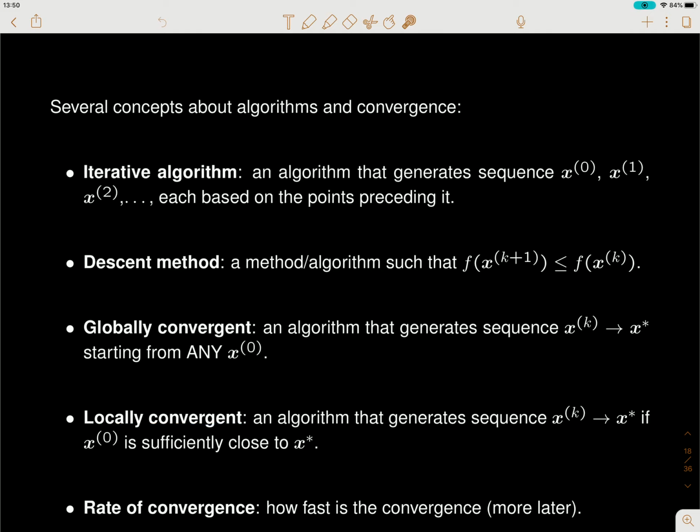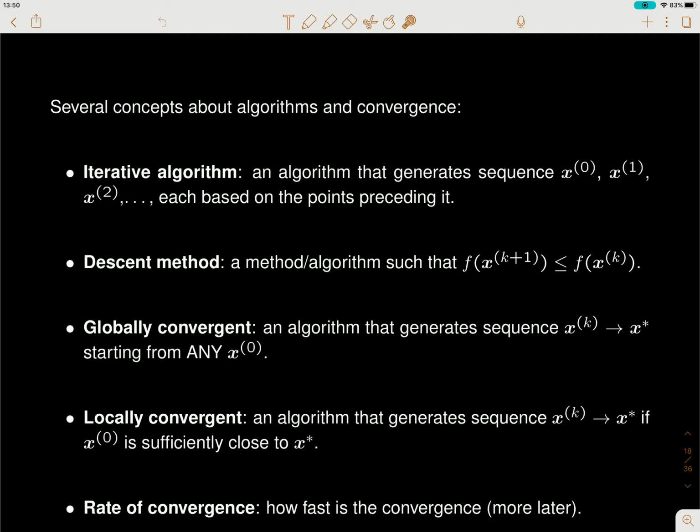Local convergence is in contrast to global convergence. This means that if you have an initial guess that is sufficiently close to x star, or if the sequence generated by the algorithm reaches some point where xk is sufficiently close to x star, then this algorithm will converge to x star.